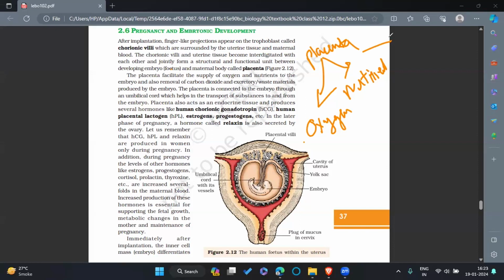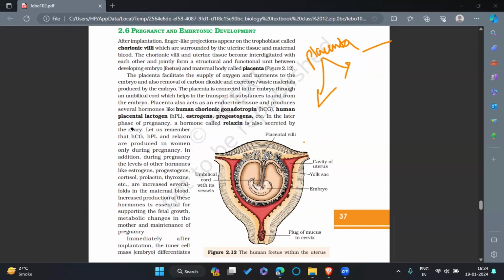One more very important thing is that once the pregnancy sets in and the gestation period starts, the placenta also becomes a very important endocrine tissue. So when a question comes asking about the function of the placenta, you need to talk about both things. It is a disc-like structure transferring material, very important oxygen and nutrients. Sometimes a question asks just the endocrine function of the placenta.